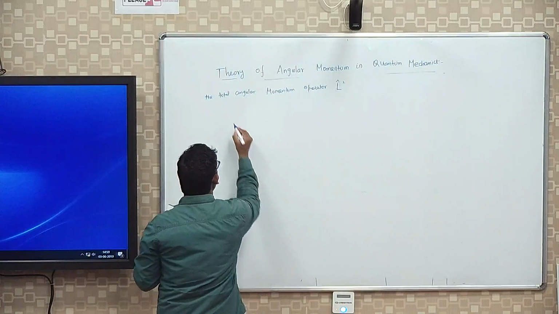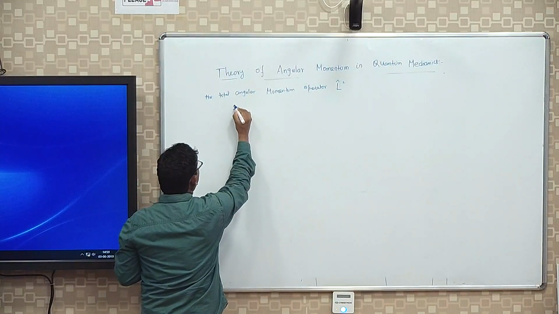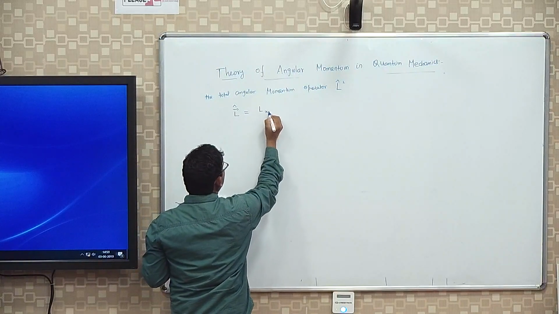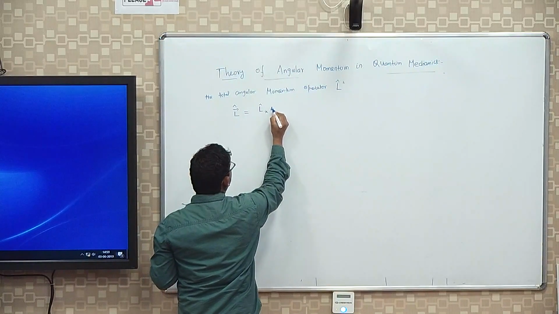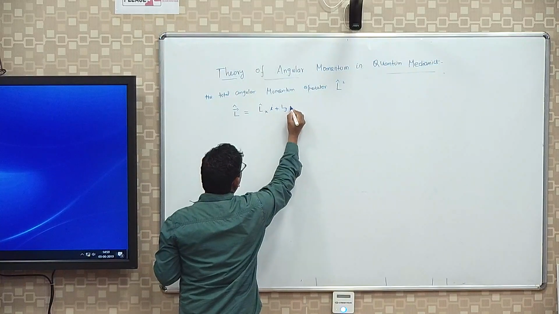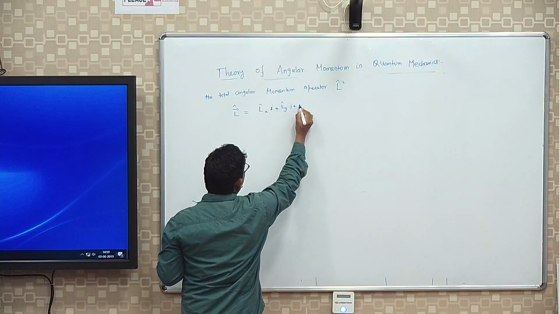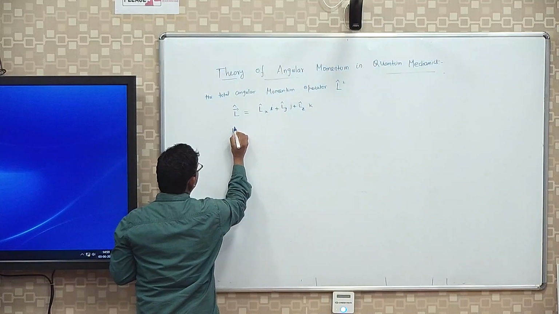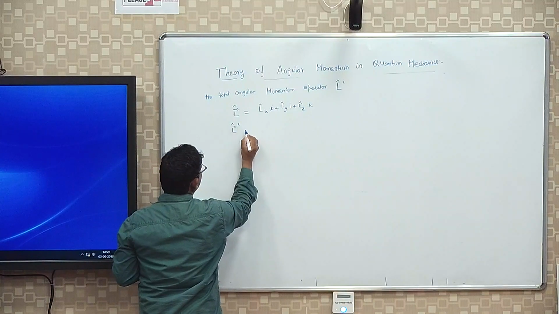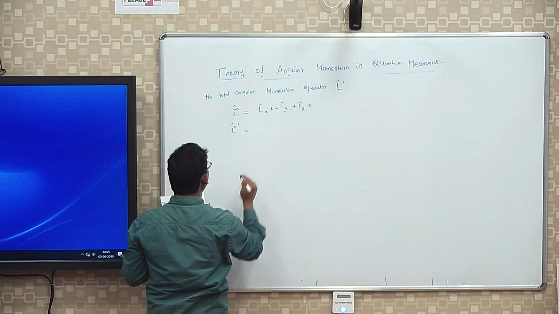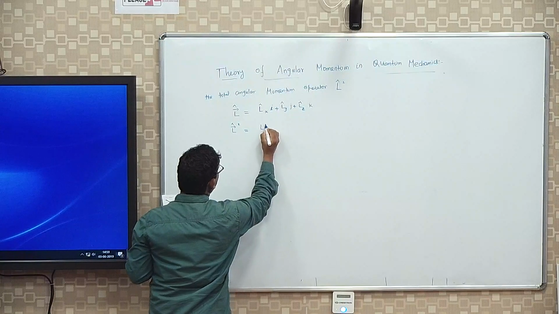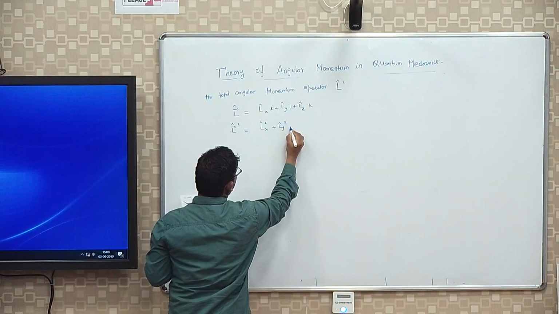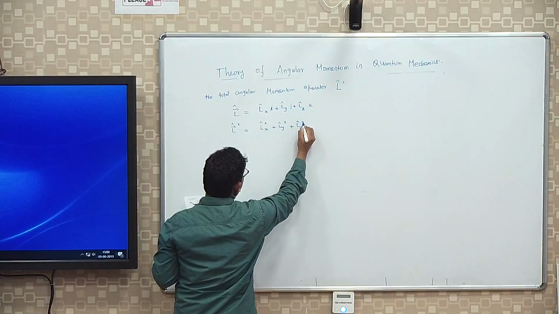So, for example, if you take the operator L as Lx i plus Ly j plus Lz k, then L square is nothing but Lx square plus Ly square plus Lz square.